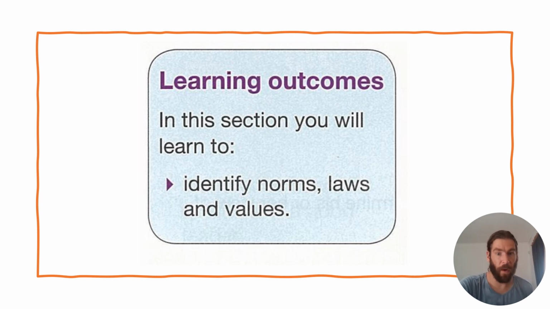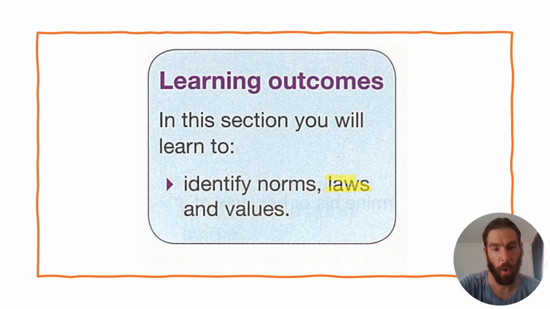Okay, I hope you found the learning outcomes. We'll look at the paragraph that we're looking at. The learning outcome of this paragraph is to identify norms, laws, and values. And in this video, we will make a small start, talking about norms actually.